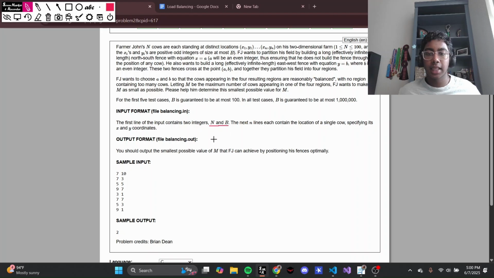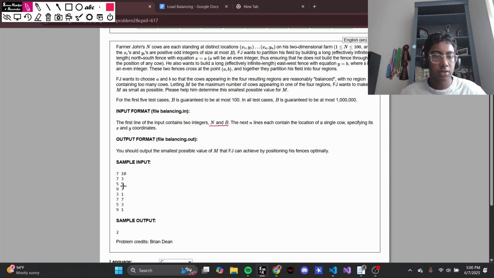The next N lines contain the X and Y coordinates of a cow: the first cow, second cow, and so on. The sample output is 2, the smallest possible value of M that we can achieve.